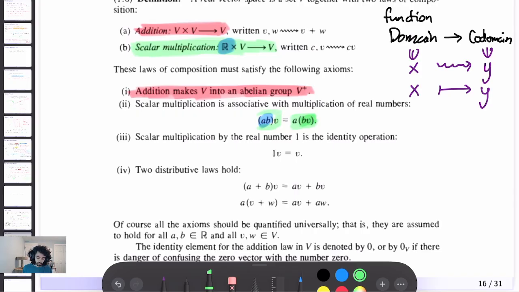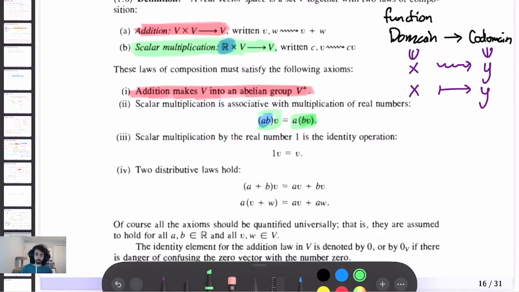On the left-hand side of this equation, we are first scaling the vector v by the scalar b. Unfortunate name, but there we are. Then bv is a new vector, and we're going to scale that by a. On the right-hand side, we only do one scaling.